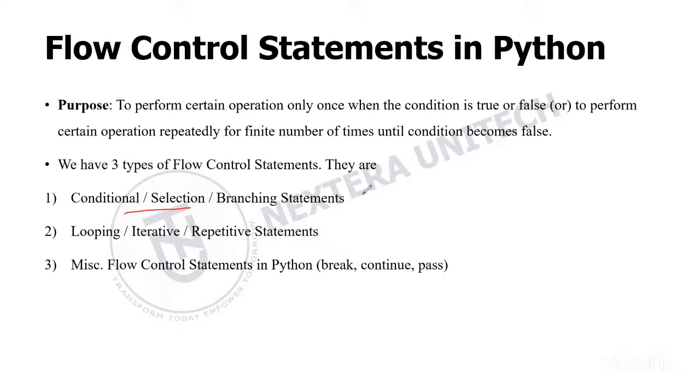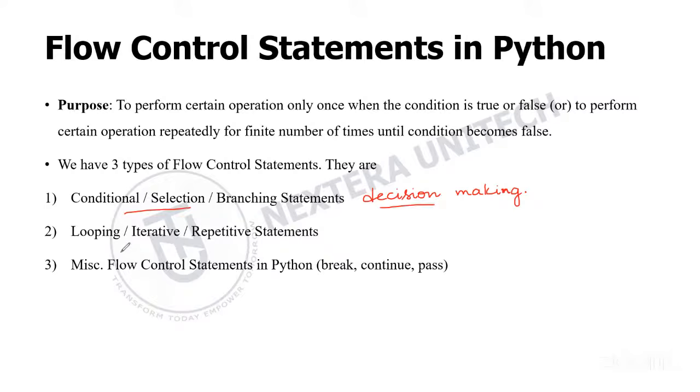These are used for decision making. For example, if we get 50 marks or greater than 50 marks, we'll consider it as fail, or else we'll consider it as pass. To make that decision, we will be using a conditional statement.